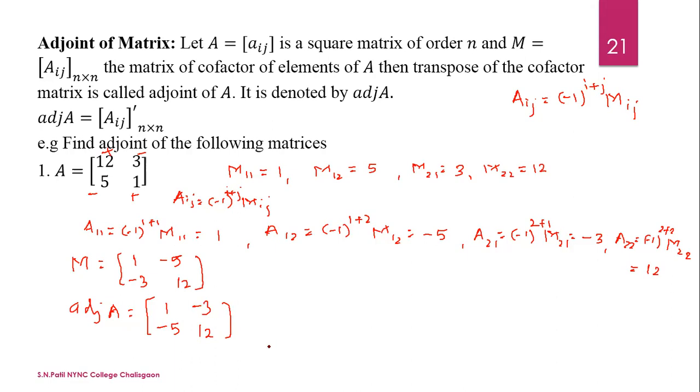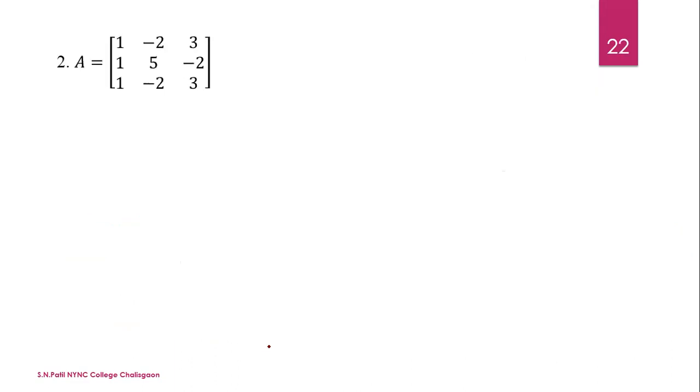Let us take the 3 by 3 order matrix. We have the matrix A having the order 3 by 3. So first of all, we calculate the cofactor of each element. In the previous problem, first we calculated the minor and then the cofactor of the element. Here we directly calculate the cofactor.